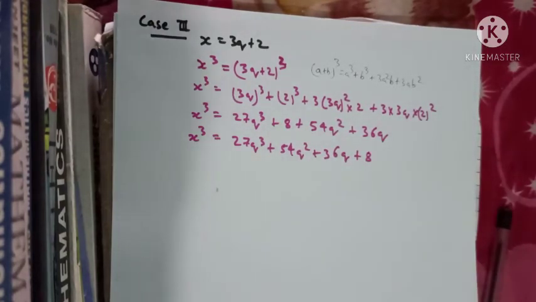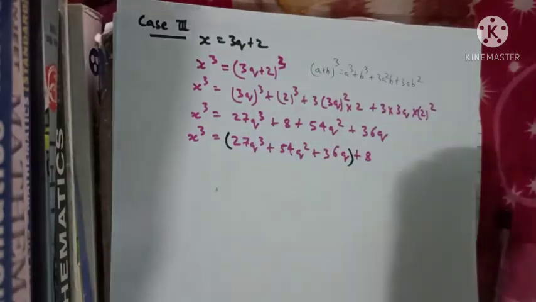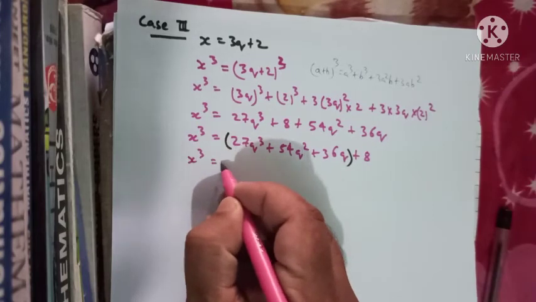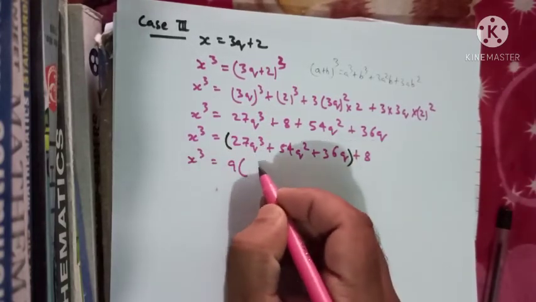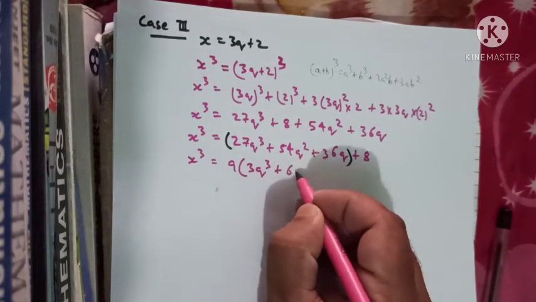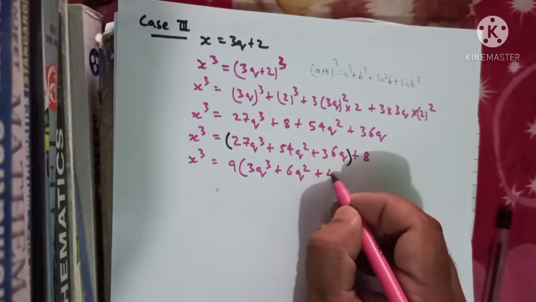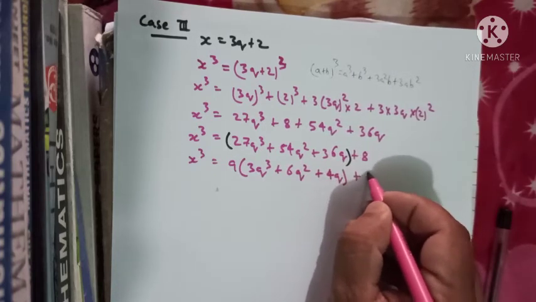Again we will be taking 9 as common. From this we get 9 taken out common. 3 times 9 is 27, so 3q cube, plus 9 times 6 is 54, 6q square, plus 9 times 4 is 36, 4q, plus 8.